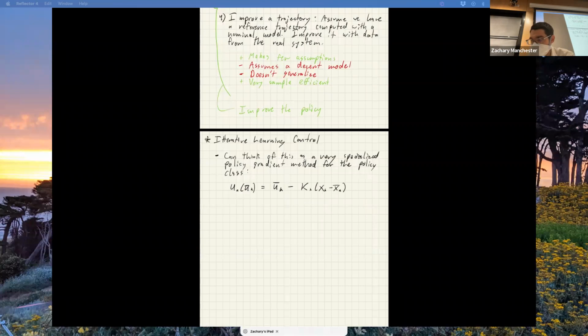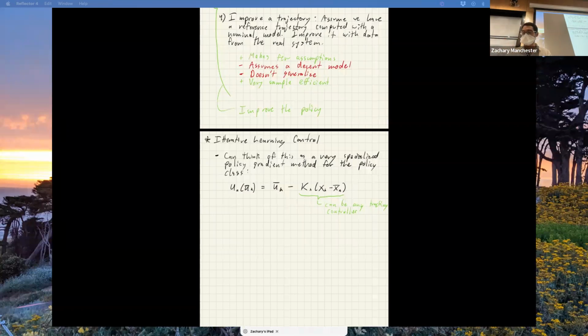This thing is just sitting here. It can be any feedback controller you want, doing reference tracking. It could be LQR, MPC, a weird neural net, anything you want.